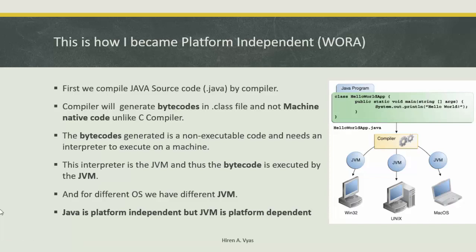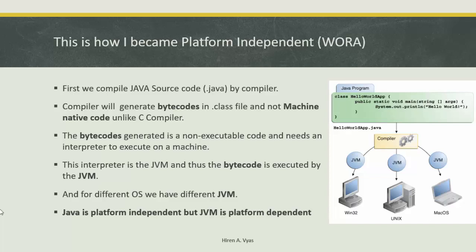Each and every operating system has its own Java Virtual Machine. So the source code will be the same for all versions of the Java Virtual Machine, but the JVM itself is different for each operating system. So Java is platform independent, but JVM is platform dependent.